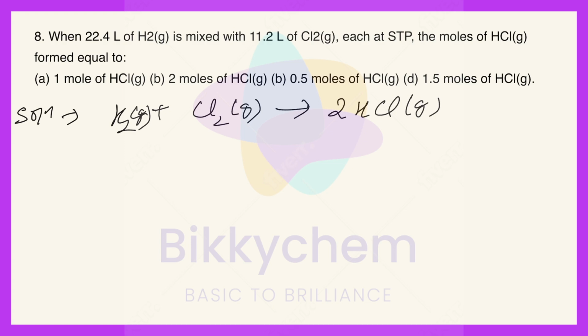This is 1 mole, 2 mole. Means 1 mole of H2 reacts with 1 mole of Cl2 to give 2 mole of HCl.